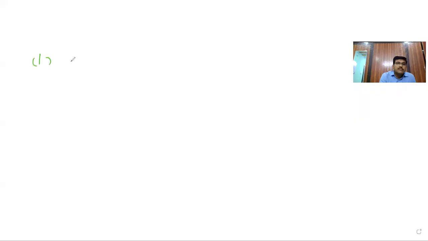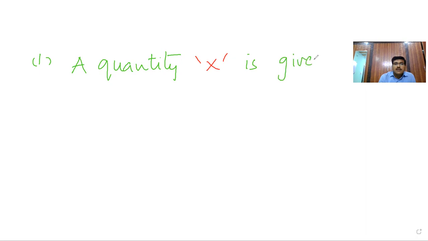First problem I take up is a quantity x is given as epsilon into L into delta V by delta T. Clear?